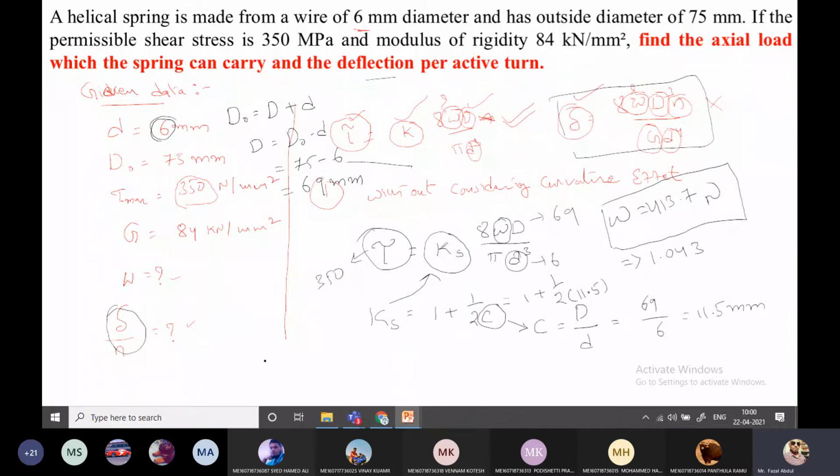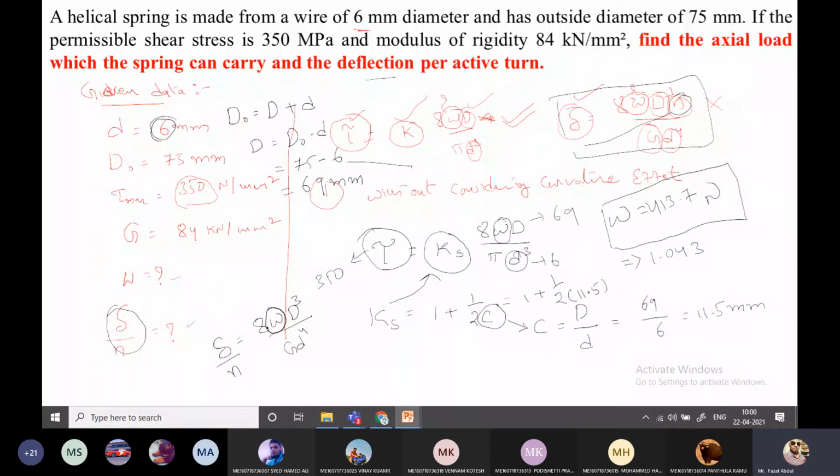I'm writing this equation again: 8WD cube, because the question is asking for deflection per ton. So I am shifting it like this: deflection per ton equals 8 W D cube by G d power 4.